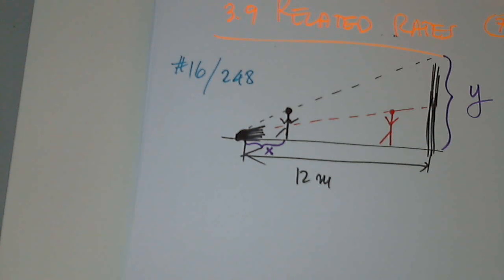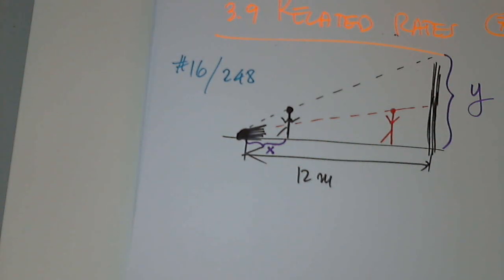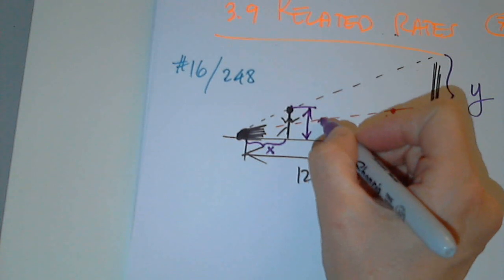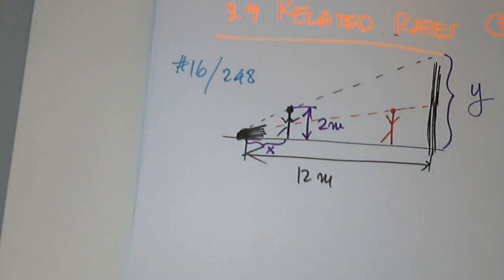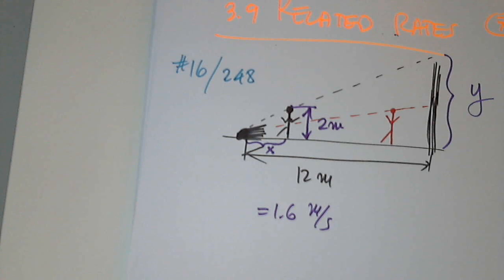We read the problem one more time. A spotlight on the ground shines on the wall 12 meters away. Done. If a man 2 meters tall walks from the spotlight toward the building at a speed of 1.6 meters per second, I have to identify what this is.